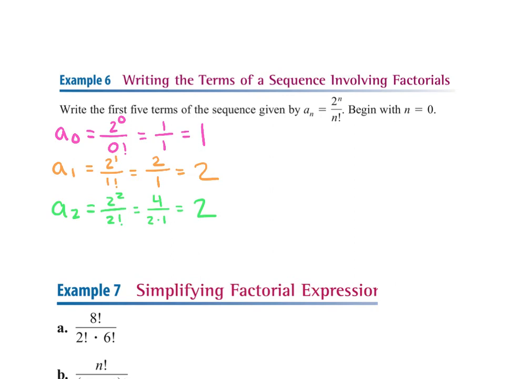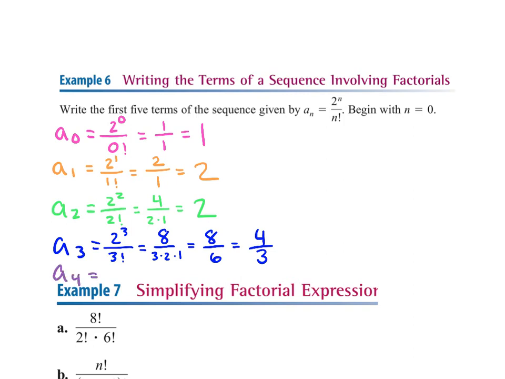Next, we have a sub 3. So 2 to the power of 3 over 3 factorial. So it's 2 cubed, 8. And then 3 factorial is 3 times 2 times 1. So this would be 8 over 6. What does 8 over 6 simplify to? 4/3. And then lastly, we have to plug in a sub 4, which is 2 to the 4th power over 4 factorial.